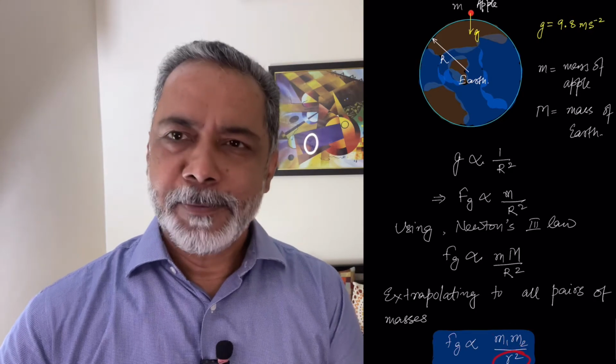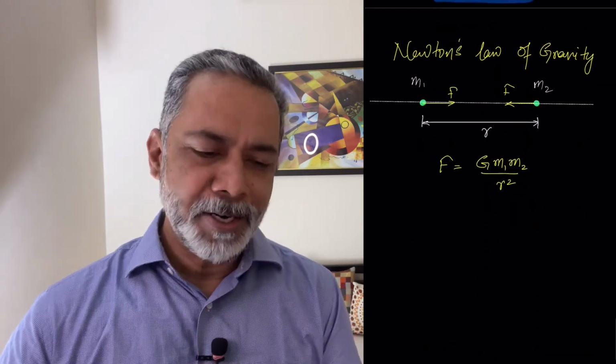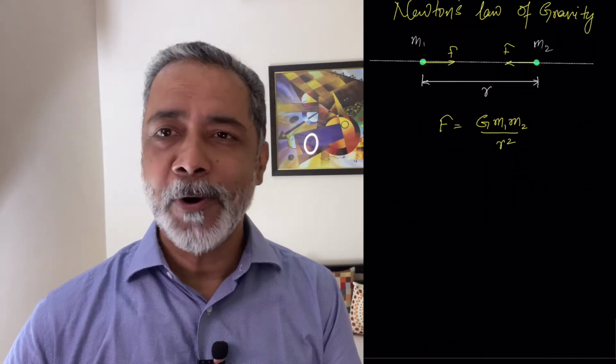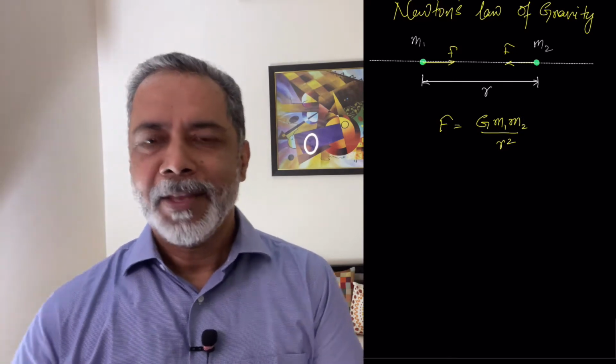So if you have two masses m1 and m2 separated by a distance r, the assumption is that the force of gravity will be directly proportional to the product of the masses and inversely to the square of the distance between them. And this brings us to what is called Newton's law of gravity.